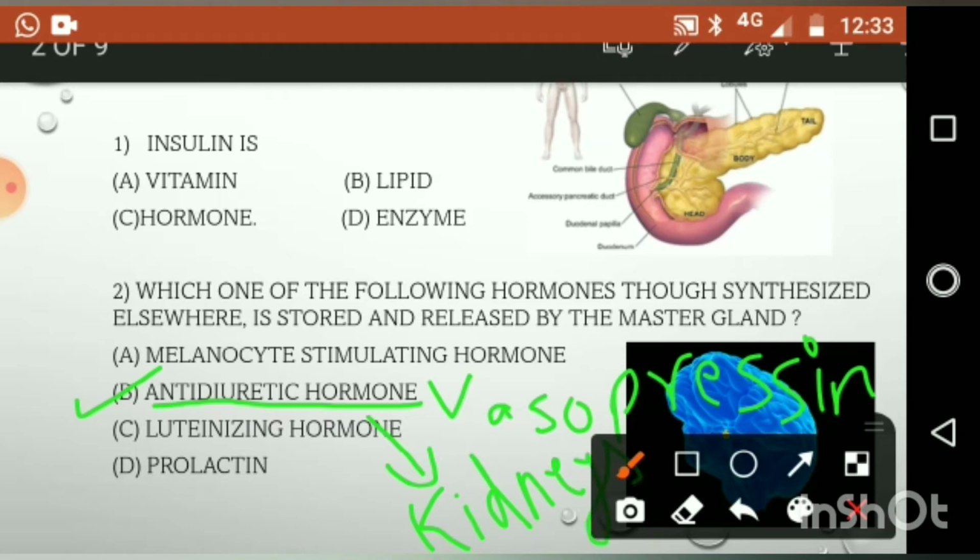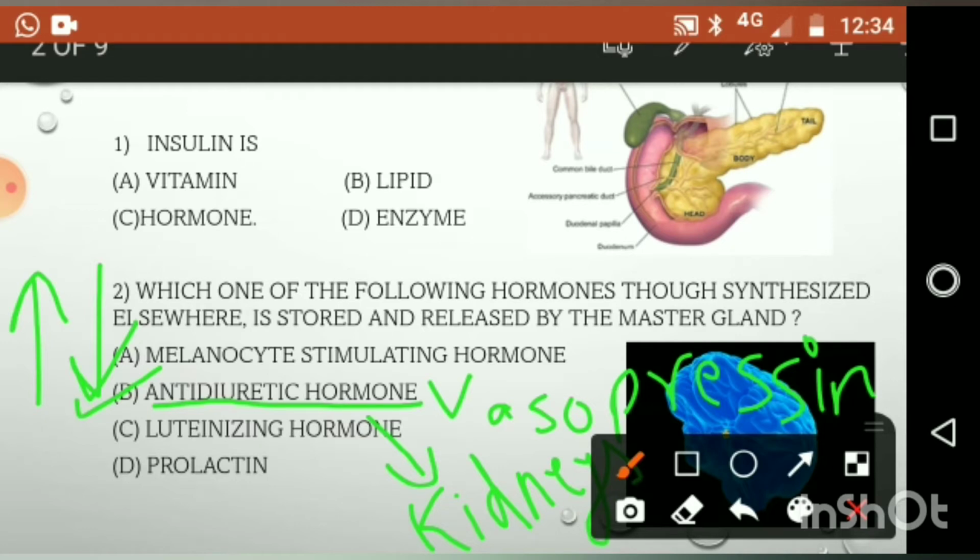Now I will tell you some of the functions of antidiuretic hormone. It increases water reabsorption. So if there is an increase in the reabsorption of water, there will be a decrease in the content of the urine. That is, the urine will be concentrated.